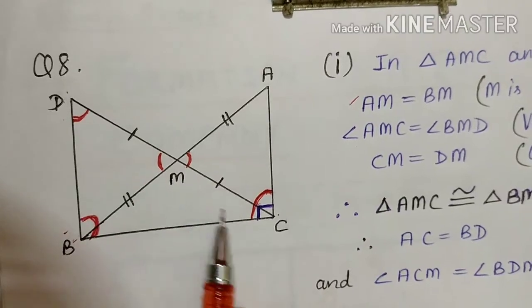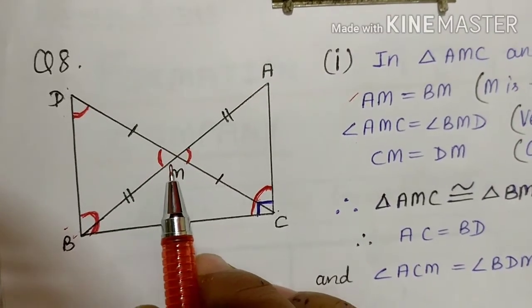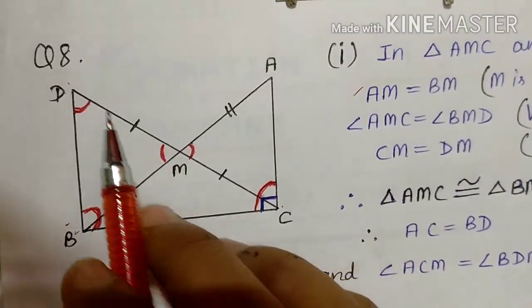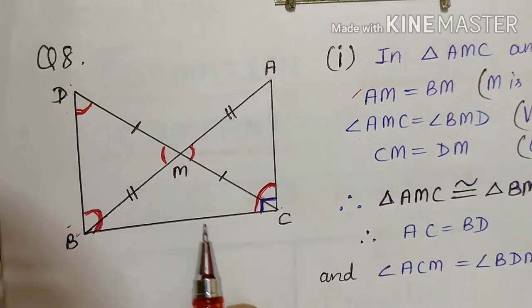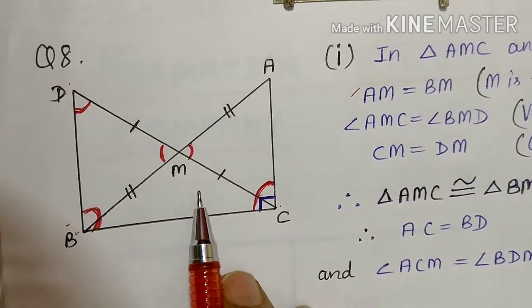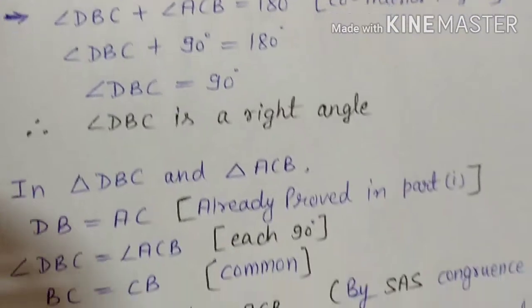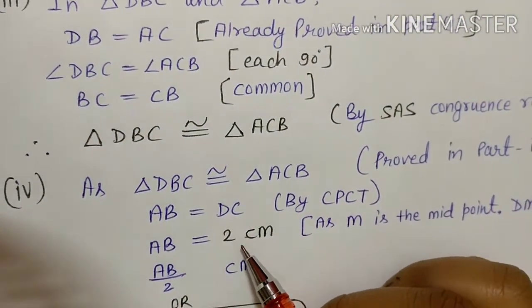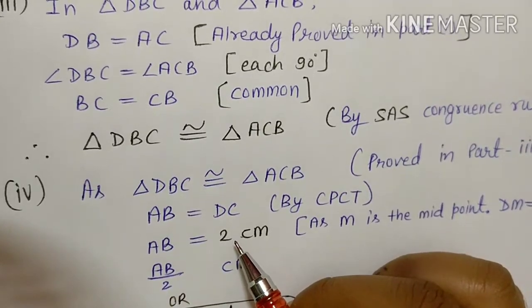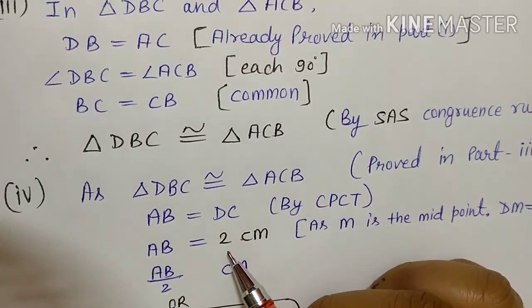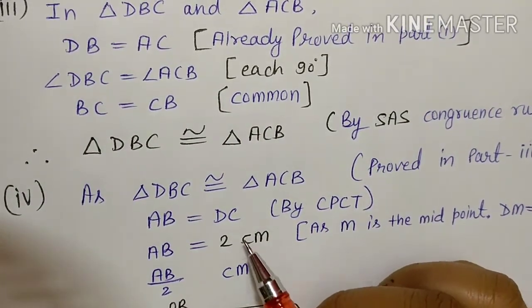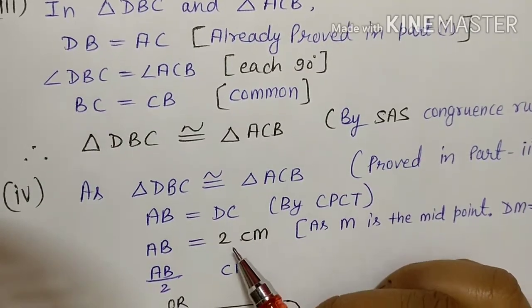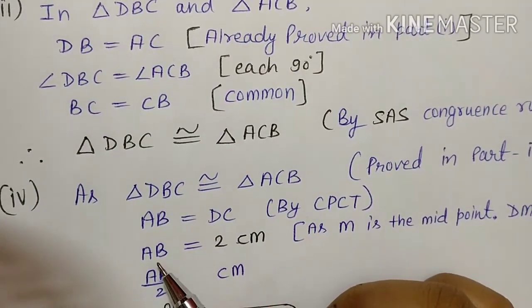Now if they both are equal, in place of DC we can write twice CM. See here, DC is there, so we can write CM plus DM. In place of DM also we can write CM because they are equal, so twice CM equals DC. Since AB equals DC, AB equals twice CM. Now this 2 we will move to the left-hand side.